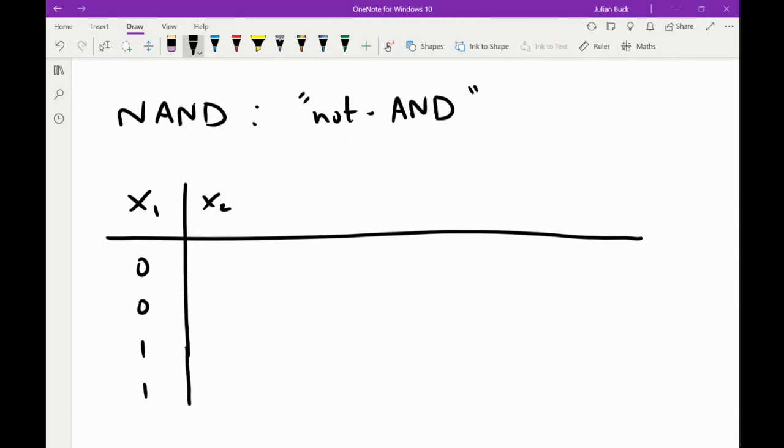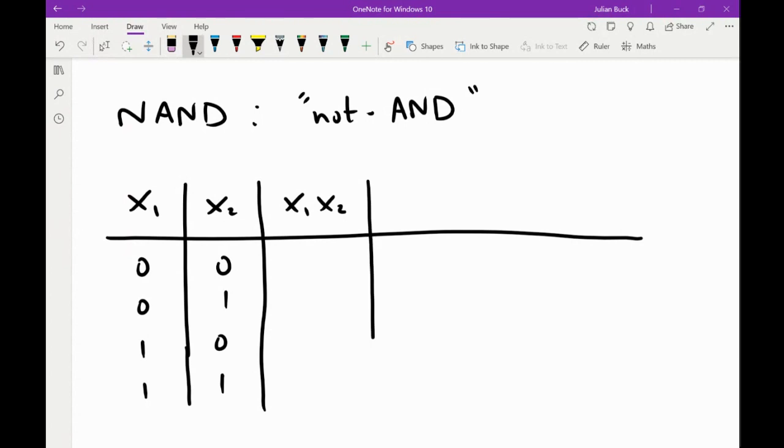We still have two binary bits, x1 and x2, and the combined bit has possible values 0,0, 0,1, 1,0, and 1,1.